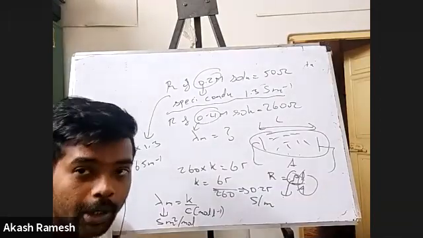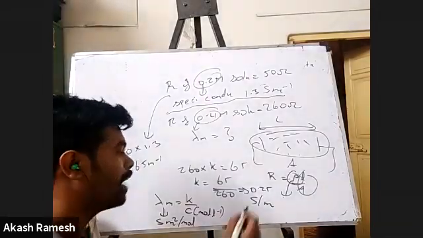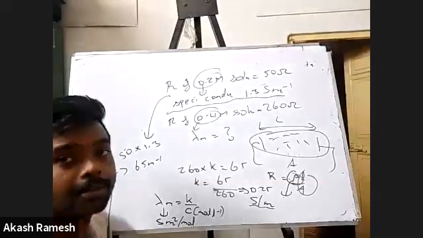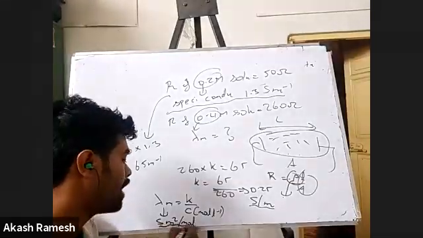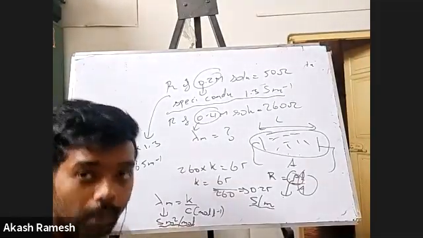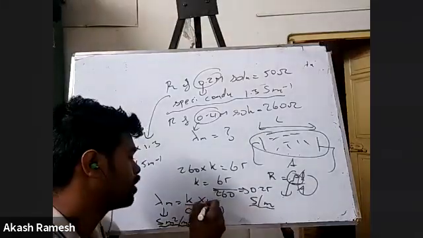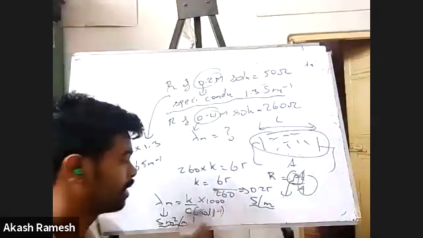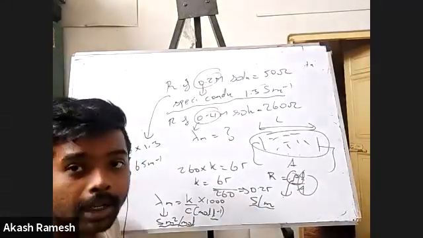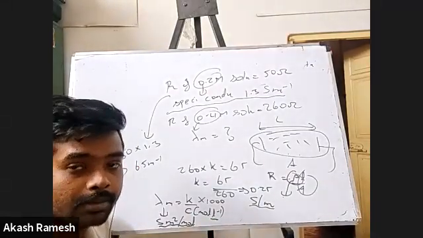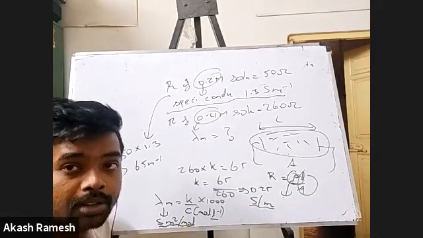So always what you do is, if you have the K in terms of Siemens per meter, and if they ask you lambda M in terms of Siemens meter squared per mole, always you multiply the numerator by 1000, just to convert liter into meter cube. I know 1 meter cube is 1000 liters.